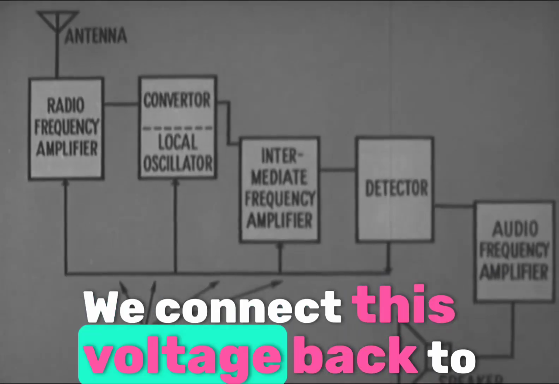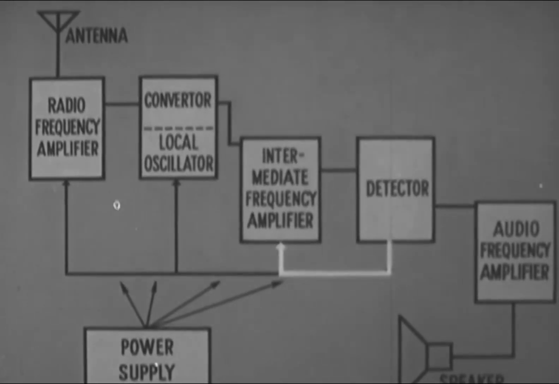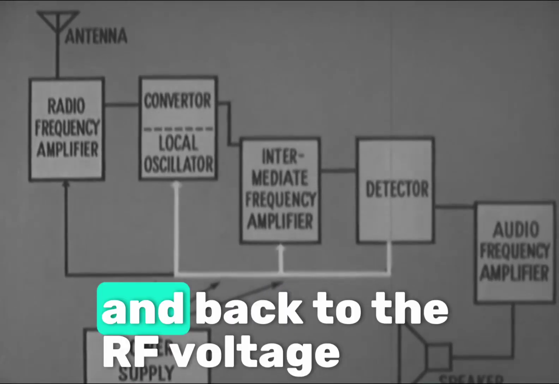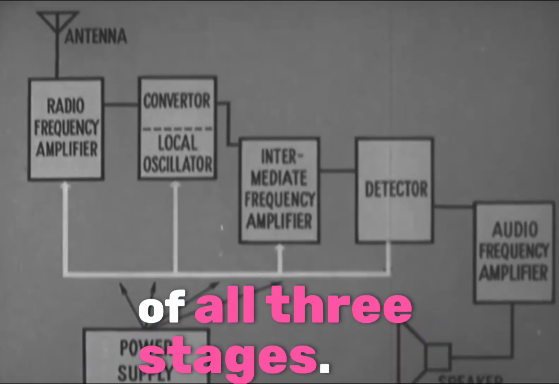We connect this voltage back to the IF amplifier, back to the converter, and back to the RF voltage amplifier, so that it will control the gain of all three stages.